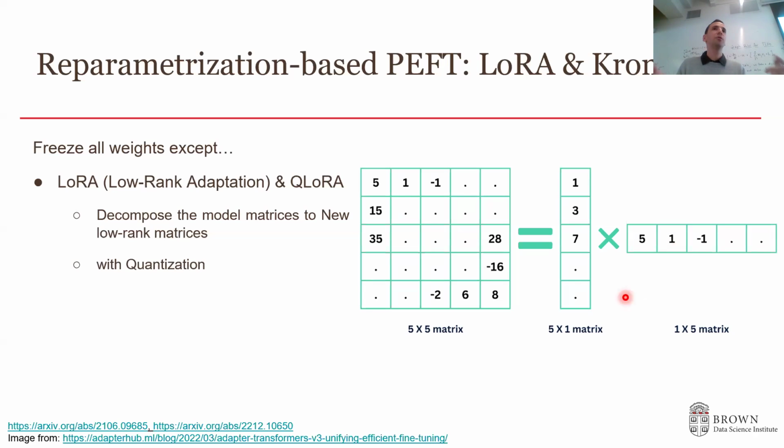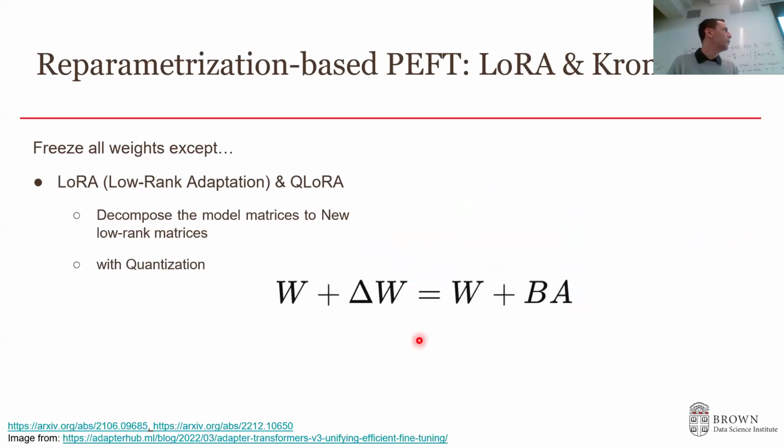Then in inference, we can combine the low-rank matrices into the weight matrix. To show it more formally, this is the weights of the pre-trained model, and in full fine-tuning we try to learn some change of those weights, and then this is our fine-tuned model. In LoRA, we have the weights of the model and we try to learn two matrices whose multiplication will be the same size as the original weight change.